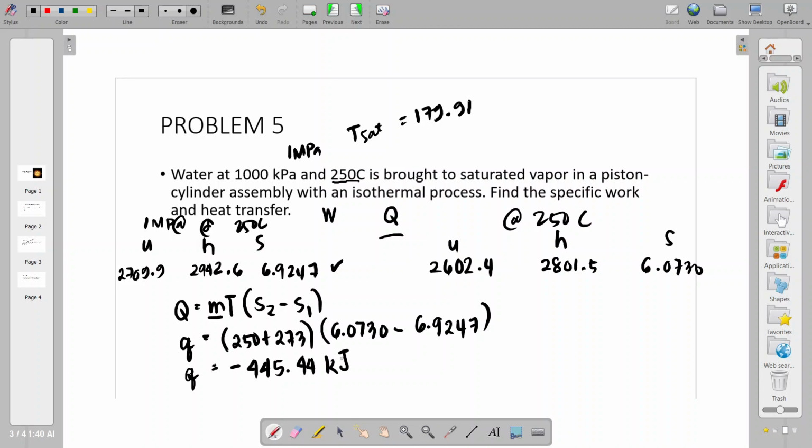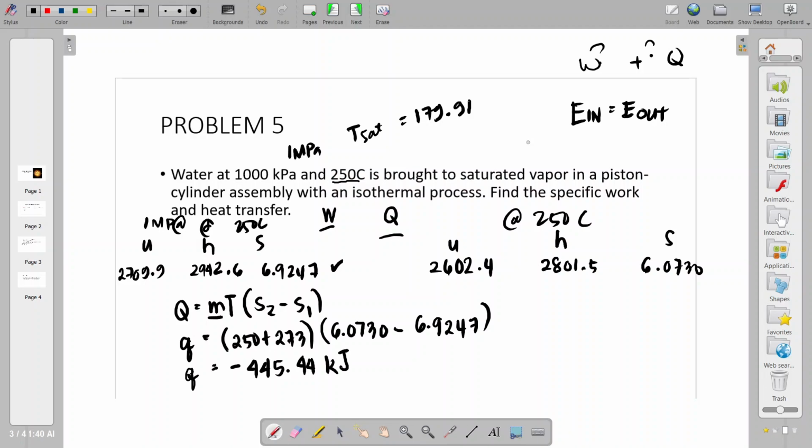Okay. Ngayon, next naman natin is yung work. Ang work, sabi ko nga, pwede natin gawing energy in, energy out. Identify muna natin si work at si Q kung energy in or energy out ba siya. Si work dito is, sabi niya, brought to a saturated vapor. So, steam siya dati. Pag steam ka, superheated steam, malaki yung volume mo. Tapos, anong ginawa?